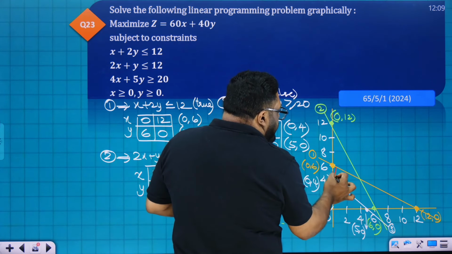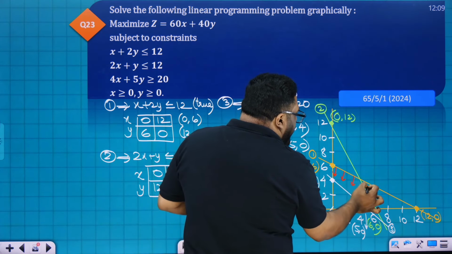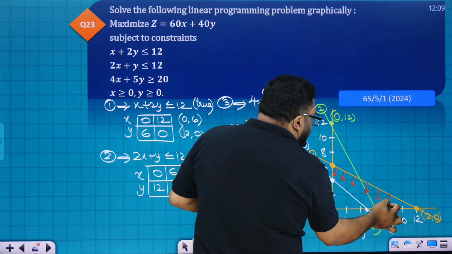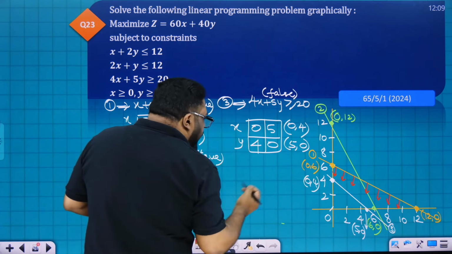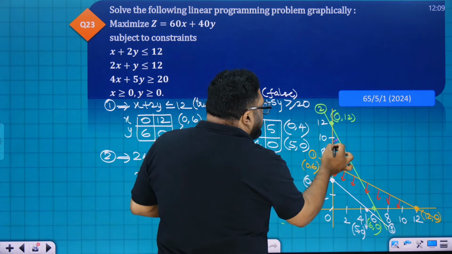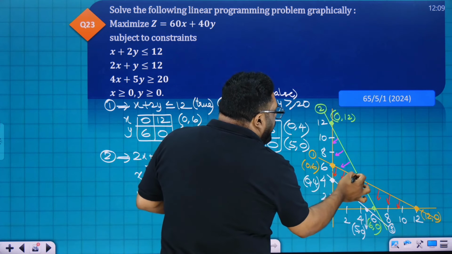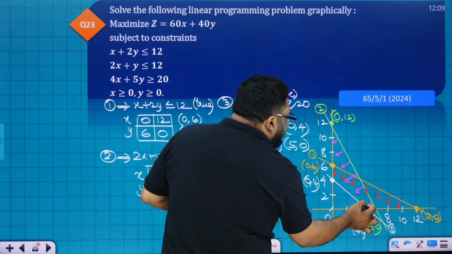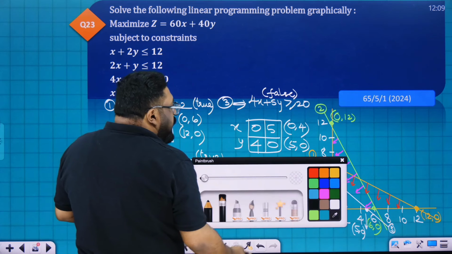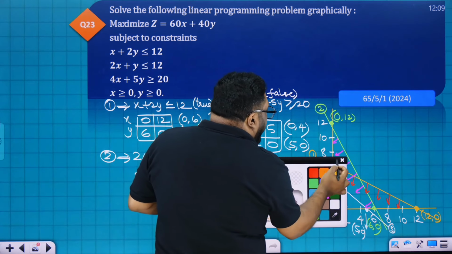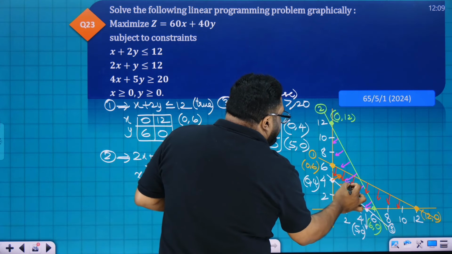First line says shade towards the origin. Yes. Second line says also shade towards the origin. Third line says shade away from the origin.